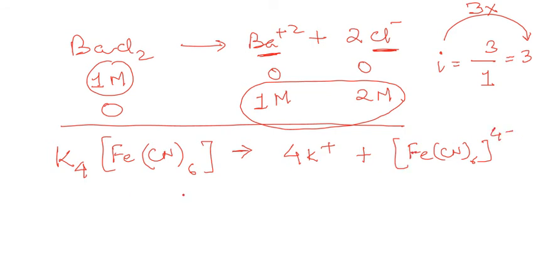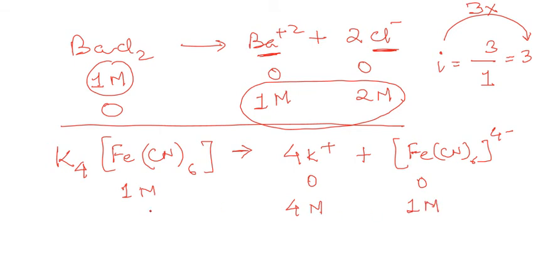So if we had taken 1 molar of this potassium hexacyanoferrate, we can have 4 molar potassium ion and 1 molar hexacyanoferrate ion.